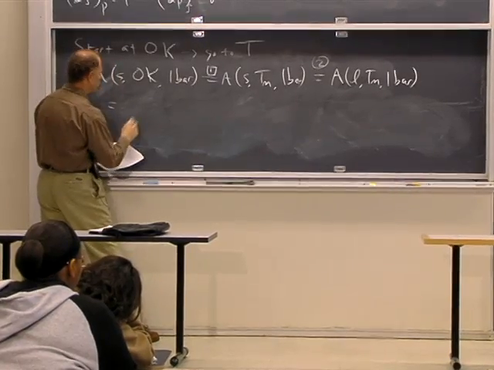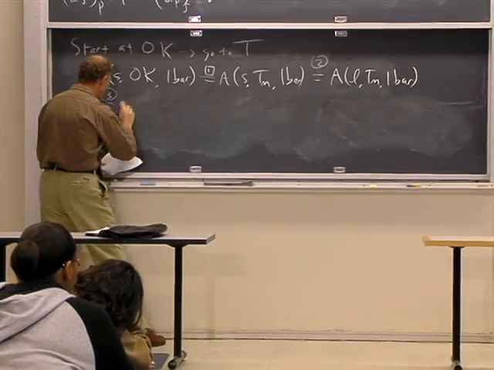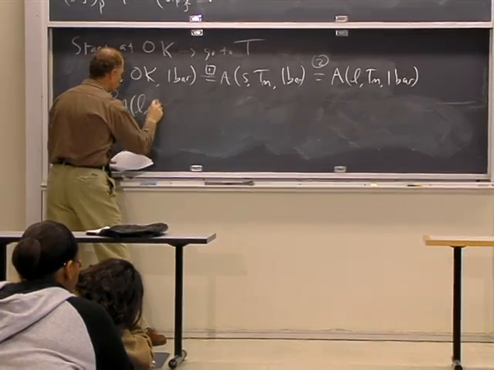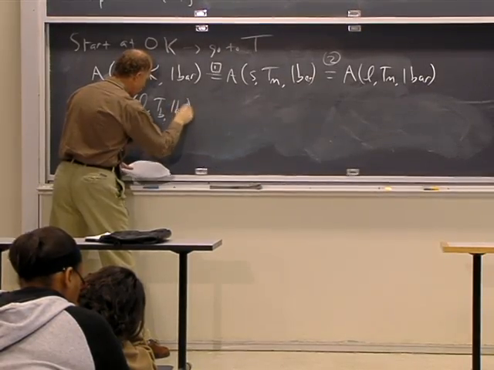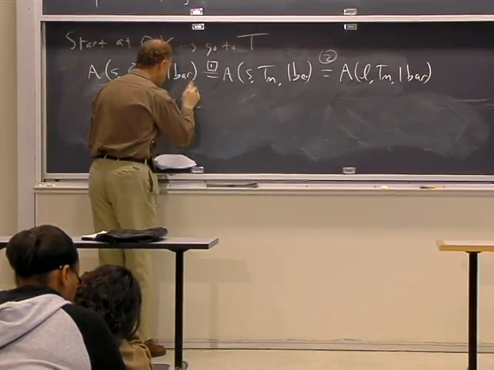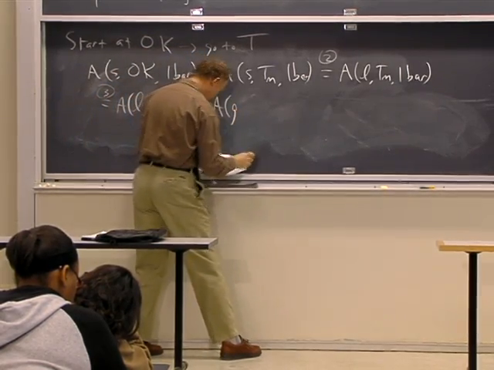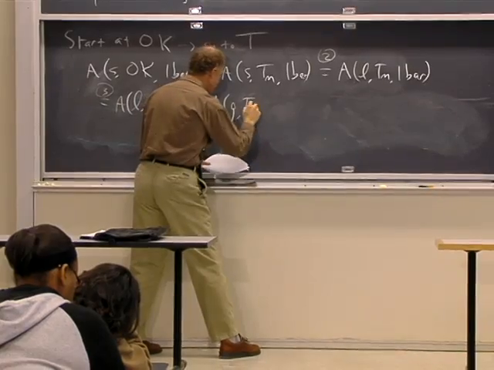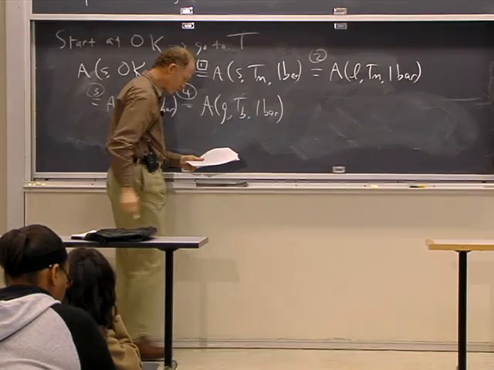Process 3 is we heat it up some more, up to the boiling temperature at 1 bar. Process 4 is it evaporates. So now it's a gas at the boiling temperature and 1 bar.